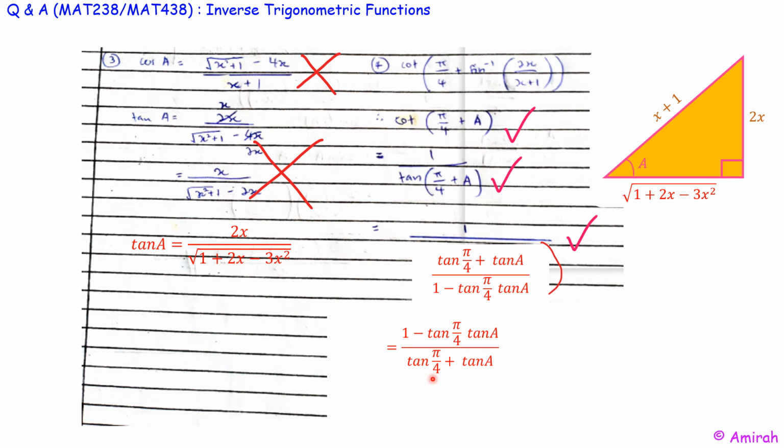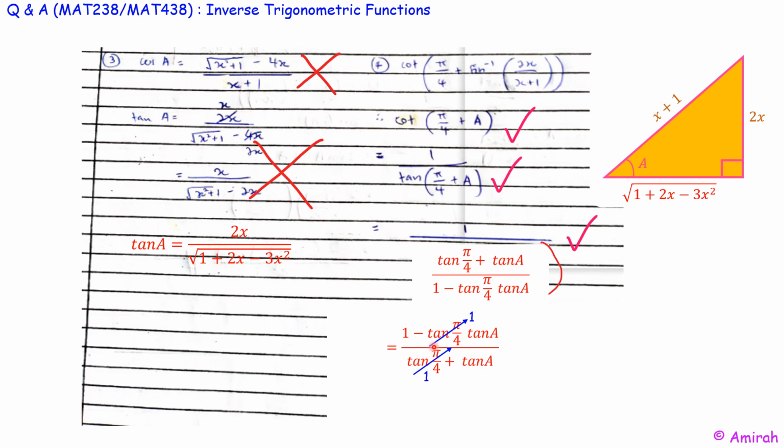Tangent pi over 4 using calculator equals to 1. Okay, pi over 4 here means in radian. So you need to set your calculator in mode radian. Or you can use tangent 45 degrees and set your calculator in mode degree. Okay, because pi over 4 radian equals to 45 degrees.